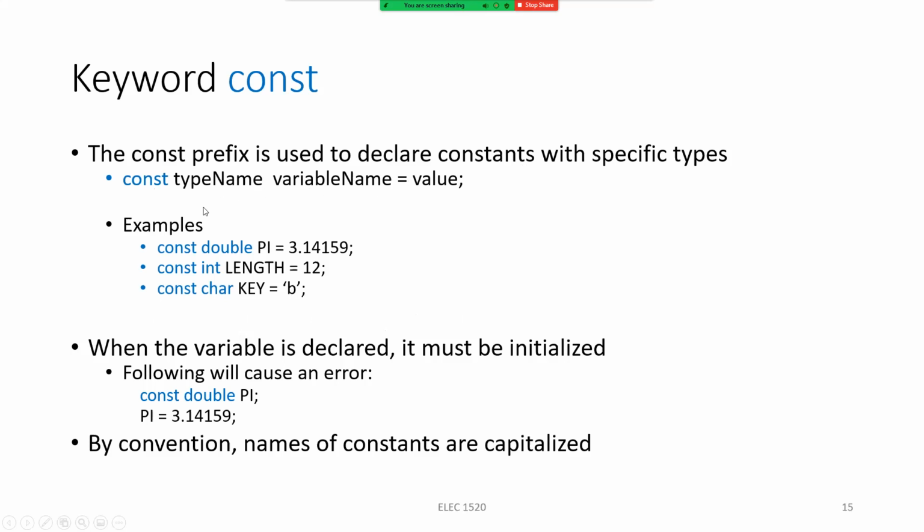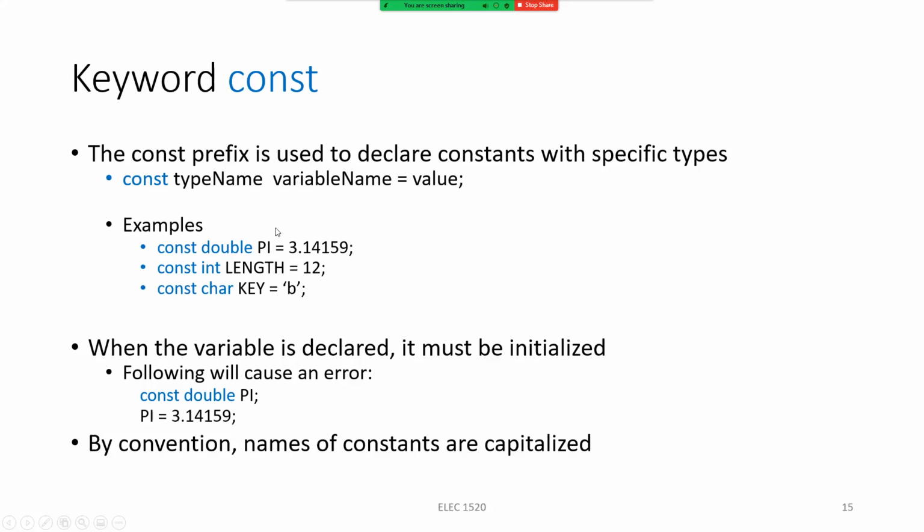Okay, so here are some examples. This prefix const double says create a variable of data type double. Its name is pi, set it equal to 3.1415. What the const says is that once we declare and initialize this, you can never change in code what's stored in pi, which makes sense.